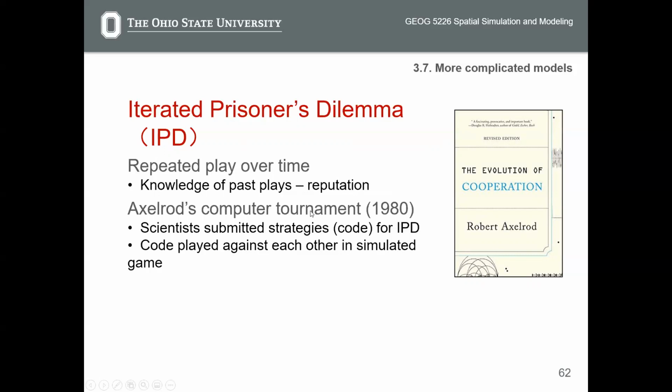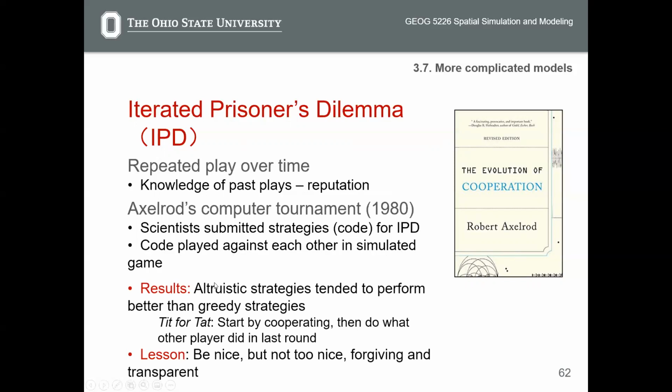There used to be a tournament where scientists submitted strategies or code for the IPD, and the code played against each other in a simulated game. So what's the purpose of this funny tournament? Of course, to find an optimal strategy for people. It has real world meaning.